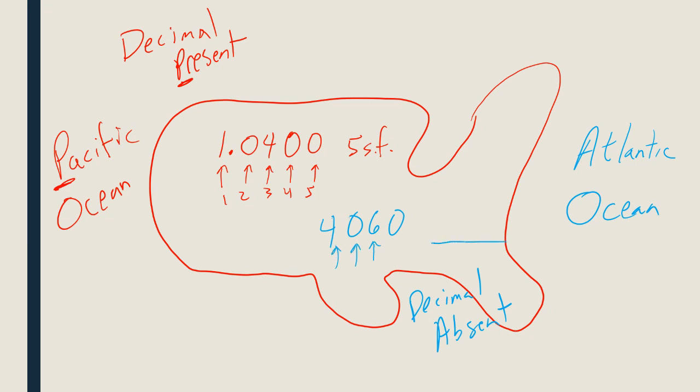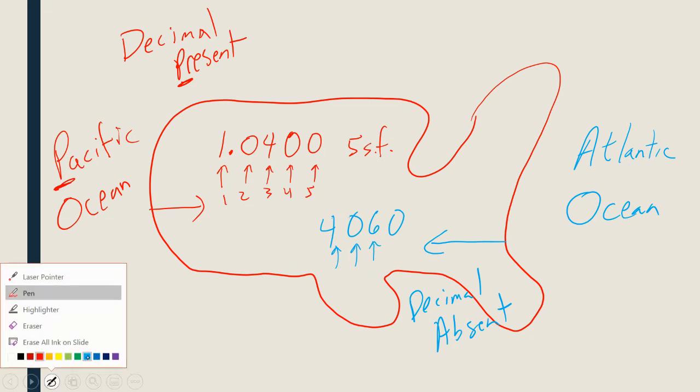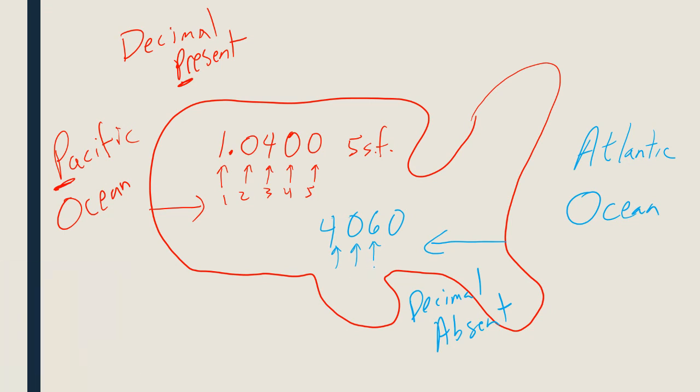So you come from this way. In the Pacific situation, when there's a decimal present, you come from this direction. And you always start with the first non-zero number. And then you just keep counting until you get to the end. So this has 1, 2, 3. This has 3 significant figures.